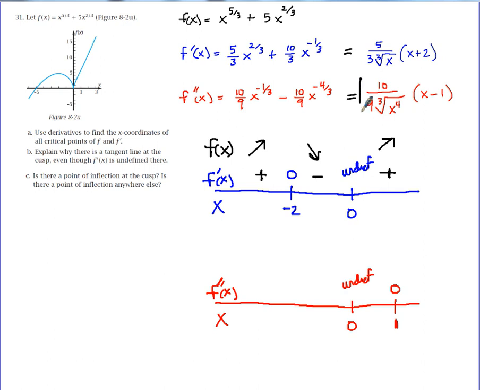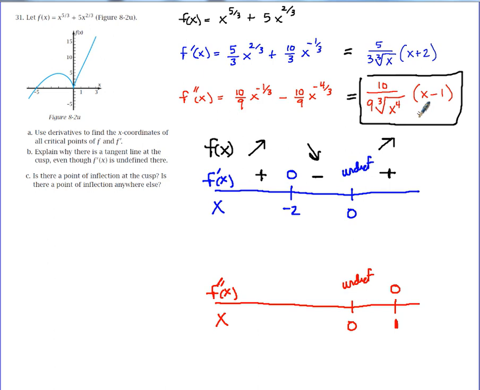So looking at the second derivative, with the same sort of analysis here, this time let's choose values of x that are less than 0. So that first factor is going to be positive, since anything to the 4th power is going to be positive.